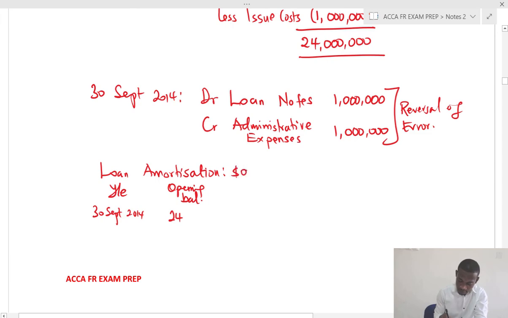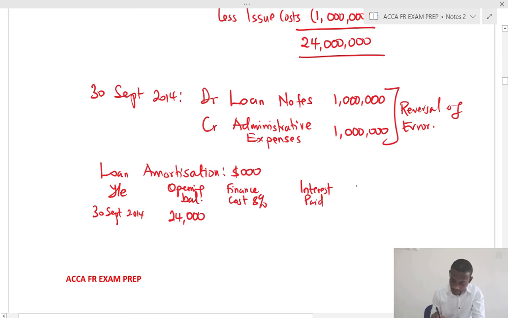So let's say all of these are in thousands, that will be 24,000. I have the finance cost, based on the effective interest of 8%. And I have the interest paid, based on the 6%, given in the question as 1.5, and that's a deduction. And we'll have the closing balance.